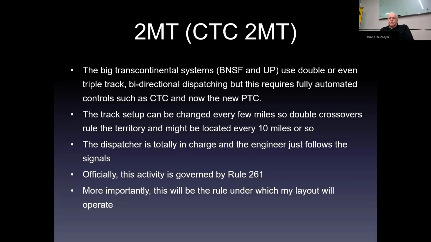The dispatcher is totally in charge of this, and the engineer simply follows the signals. Officially, in the GCOR, NORAC thing, it's Rule 261 that governs the activity within the system, and this will be the rule under which my layout will operate.